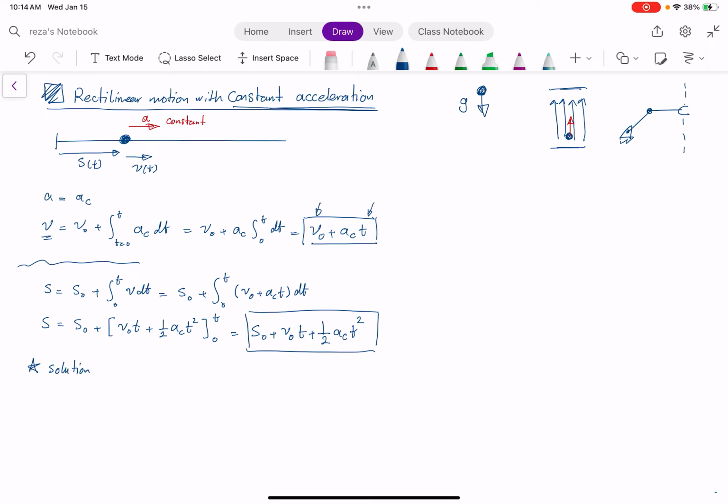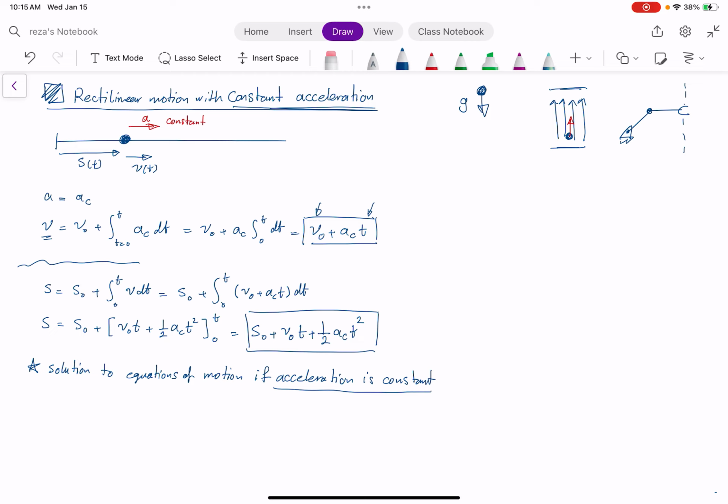Solution to equations of motion if acceleration is constant.